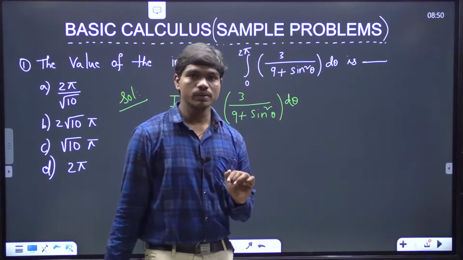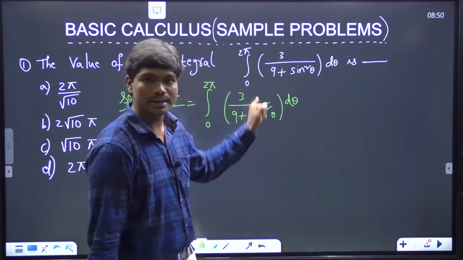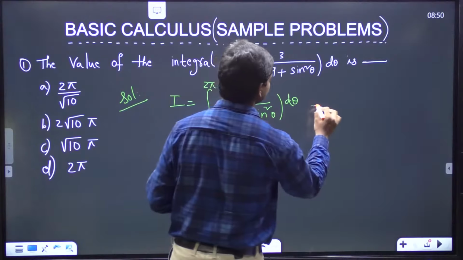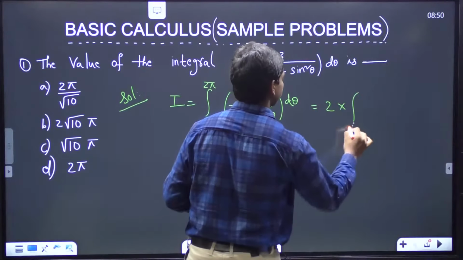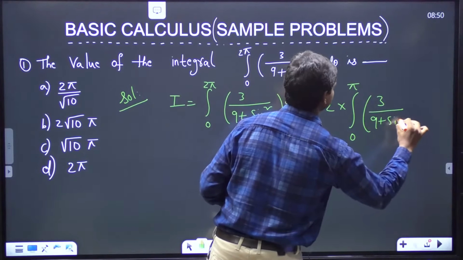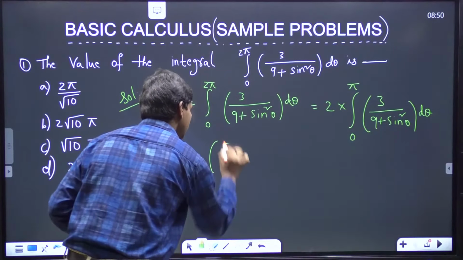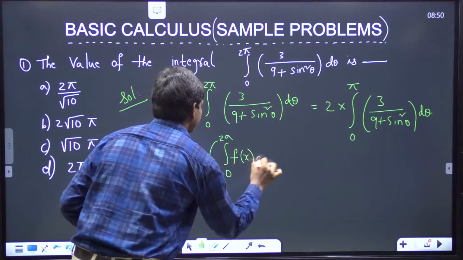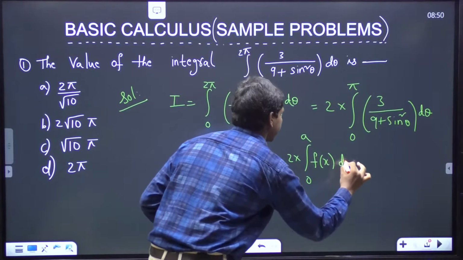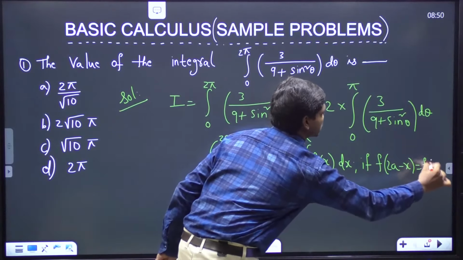If you remember, I gave you something similar to this when teaching the concept of definite integrals: integral 0 to pi dx divided by a plus b sine square theta and all these things. So let us recall. This can be written as 2 into integral 0 to pi 3 by 9 plus sine square theta d theta, because I gave you a property: integral 0 to 2a f of x dx is the same as 2 times integral 0 to a f of x dx if f of 2a minus x is equal to f of x.